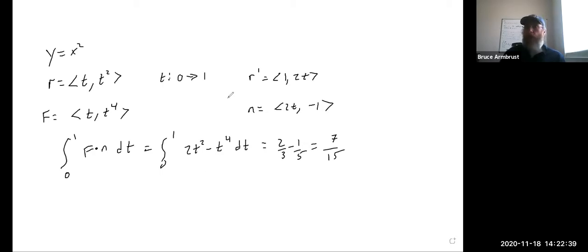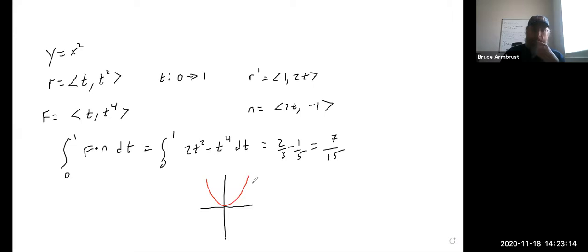So let me kind of circle back to what we were talking about just a little bit ago with surfaces and the whole plus or minus. Because this one, if you look at how we've got this oriented, so here's our y equals x squared, and we're here between 0 and 1. If you look at our normal vector, it always has a y component of -1.